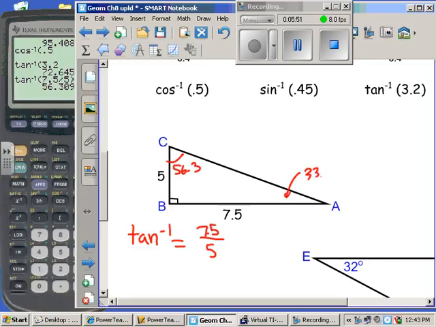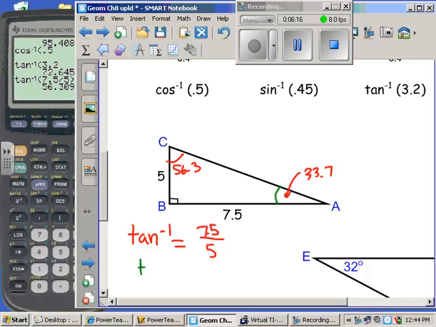Okay? Now, if I want to check my work, so we're saying we think this is 33.7. We're sure, because we know that works, but if I want to make sure that all of this is working, then I can find this angle by using the trig ratios. So for this angle, am I going to use tan, sine, or cosine? Tangent again, right? Because I know opposite and adjacent.